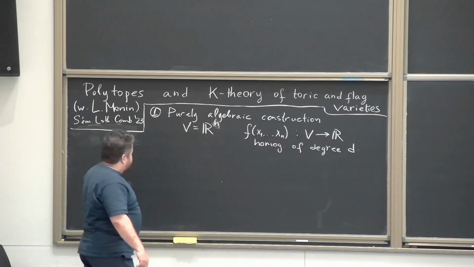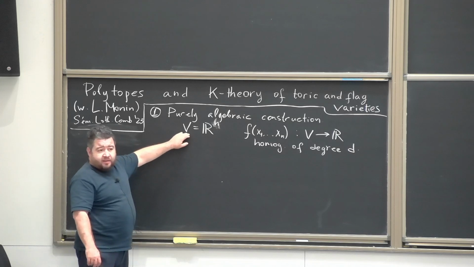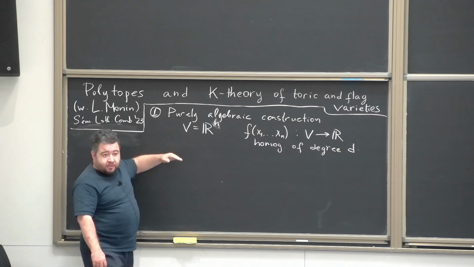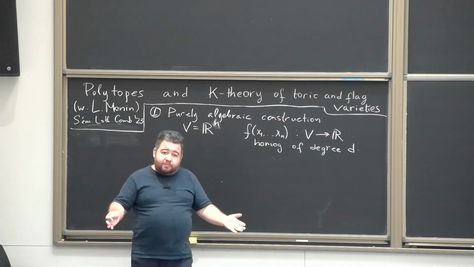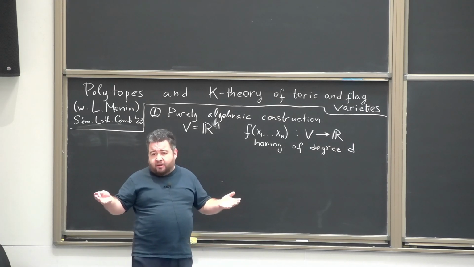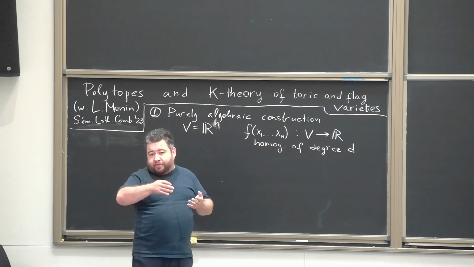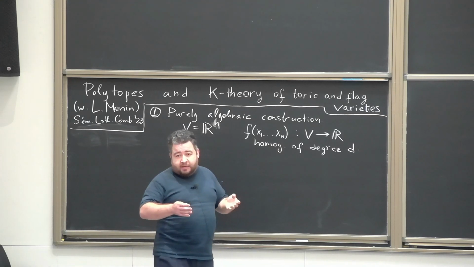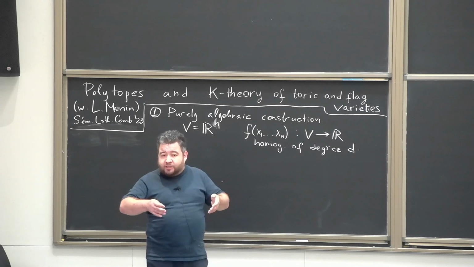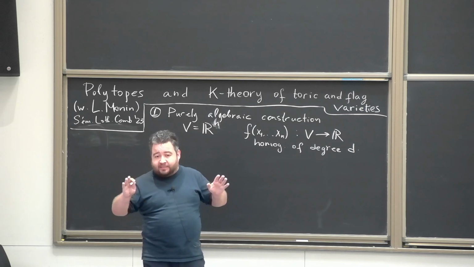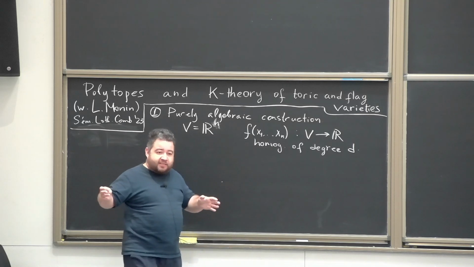Given such a polynomial, I will produce a ring, an R algebra, in the following way. I can take V and take differential operators on V with constant coefficients. These are operators like d over dxi, and everything obtained by multiplying them and taking their sums with real coefficients, but not with functional coefficients. So I don't have things like x times d over dx.